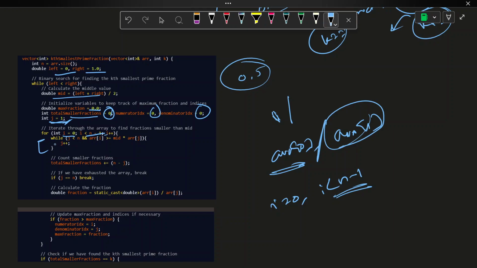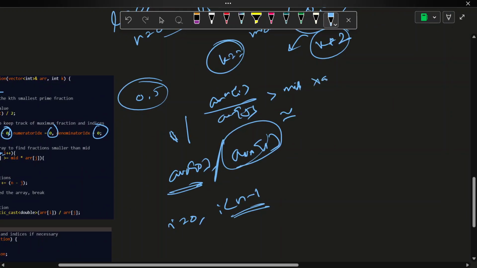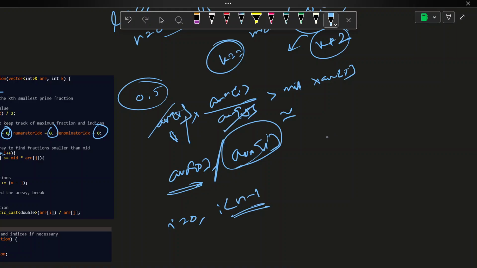And I will check till which our fraction value is greater than the current limit. So if array of i by array of j is greater than mid, its equivalent is, if I multiply array of j on both sides, array of j will cancel, so array of i will be greater than mid times array of j.